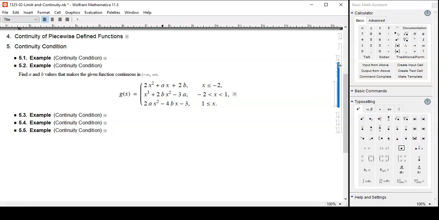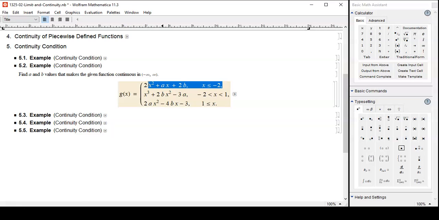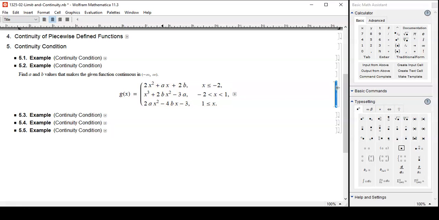Plug in x equals -2, then you're going to get the first line and the second line. So that's going to be one equation. And then plug in x equals 1 to the second line and the third line. Set those two equal, we get another equation. Two equations and two unknowns, we can solve it, but this time it's going to be far more challenging.